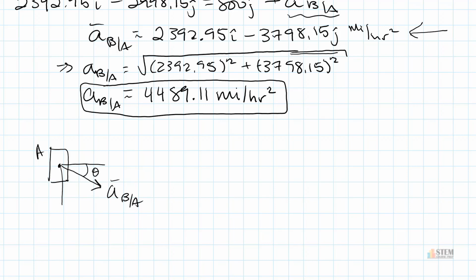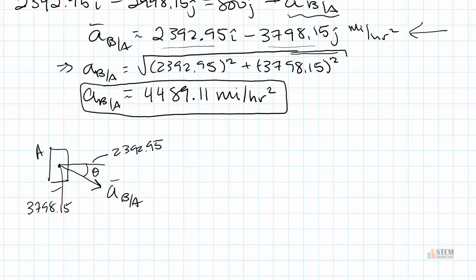All right. Now I've got my components of this relative acceleration. If y'all remember from right here, I've got my x and I got my y. So with that, the x component is right here. That's the 2392.95. The y component is the 3798.15. I left off the negative because I know it's negative, I already drew it going down.